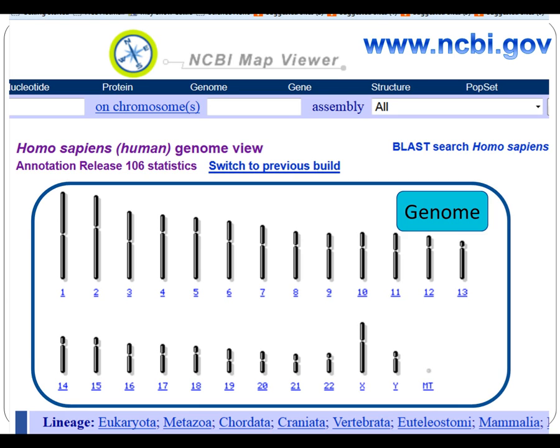So collectively, if this were doubled up, all of these chromosomes would represent an individual's what? Genome. So let's redefine genome in our handout. How can you define a genome?